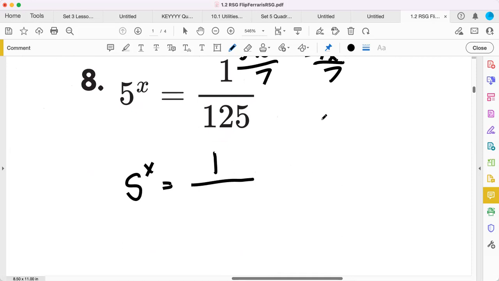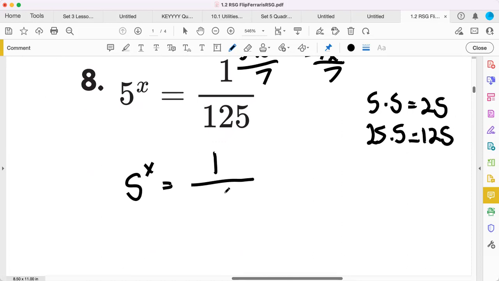So I know that if I did 5 times 5, that's 25. And then if I did 25 times 5, what does that get you? Boom, 125. So really, I could pop back here and say that this is 1 over 5 to the third. Because if I do 5 times 5 times 5, that equals the head honcho 125. That being said, you might not like how this is in a fraction.